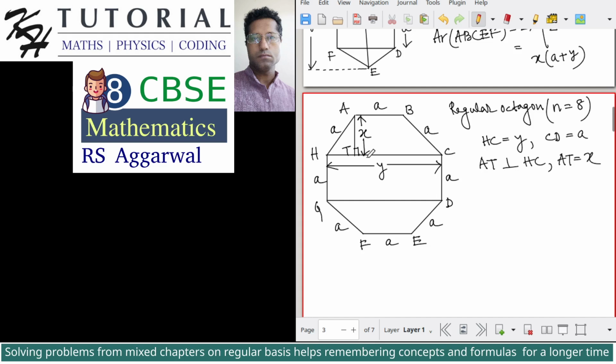Now clearly you can see that the diagonals AC and GD are dividing the entire regular octagon into two trapezium and one rectangle.